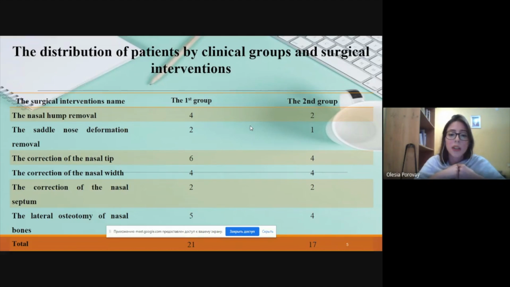The first is the patients who underwent closed rhinoplasty. It involves 21 people, 14 women and 7 men. The second group is patients who were operated by open rhinoplasty. It involves 17 people, 11 women and 6 men. Patients are distributed into groups as shown in table 1.